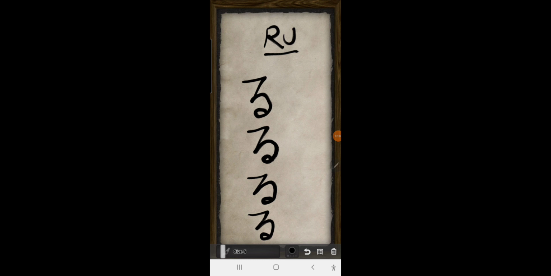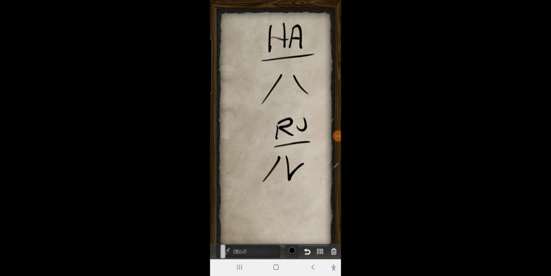Okay, that's ru. Katakana looks like this. 1, 2. Very similar to ha, if you remember.